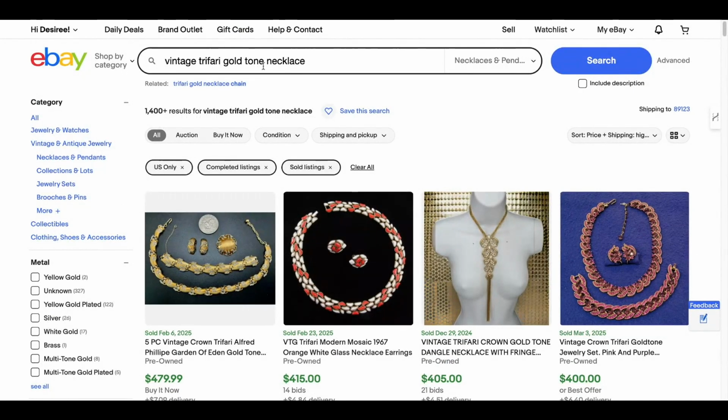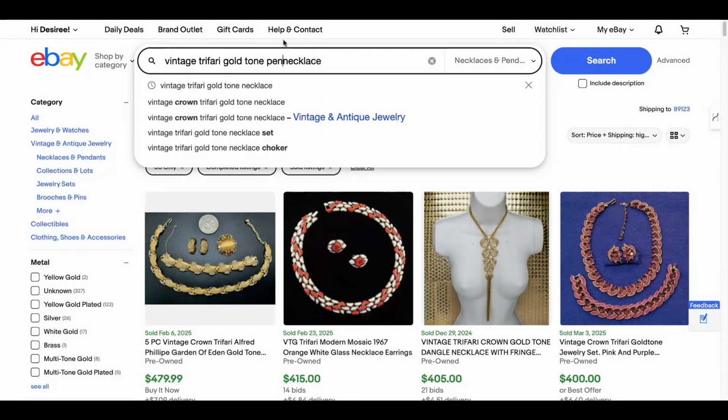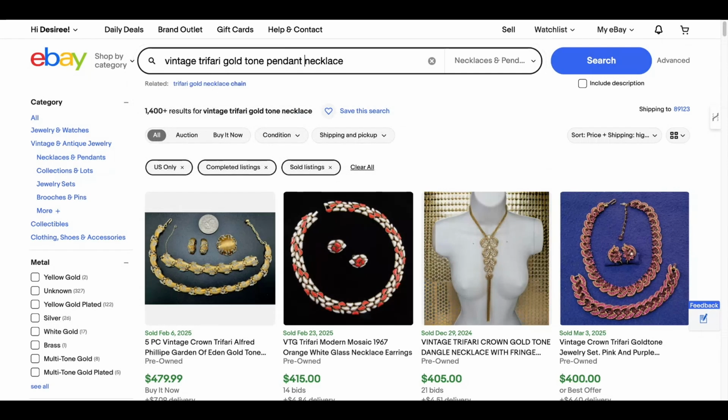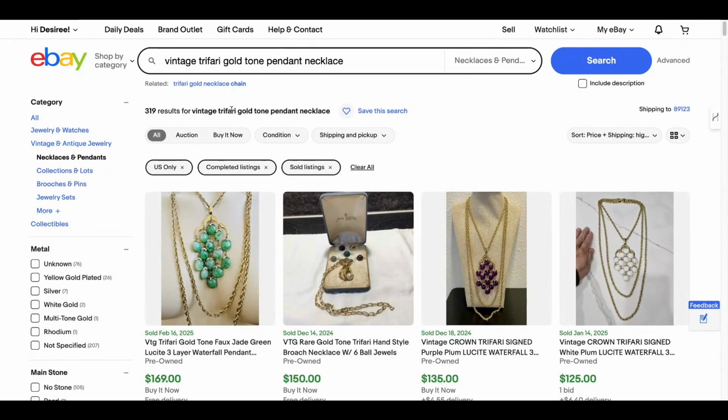So let's say this is a pendant necklace, and that gives us 319 results. Now, that's a lot more manageable as it relates to doing research. 319 is a lot easier to deal with than 1,500 or 7,500 plus.